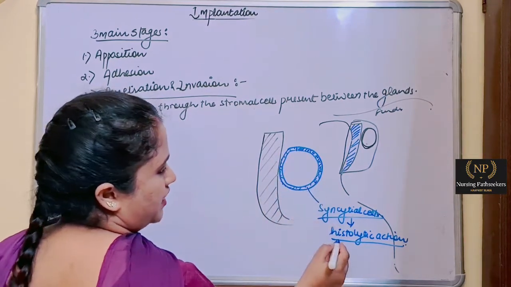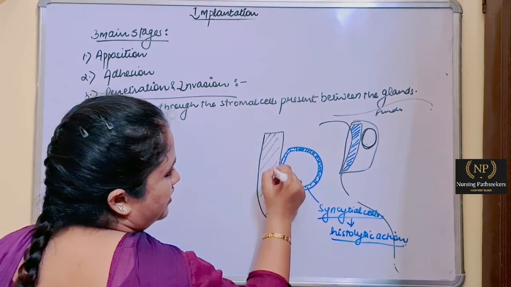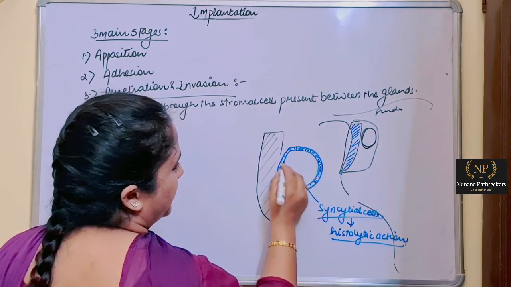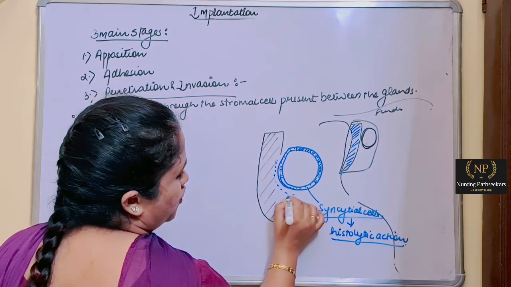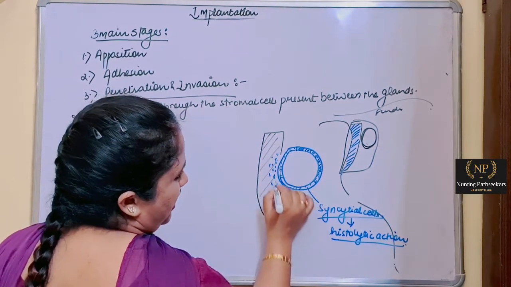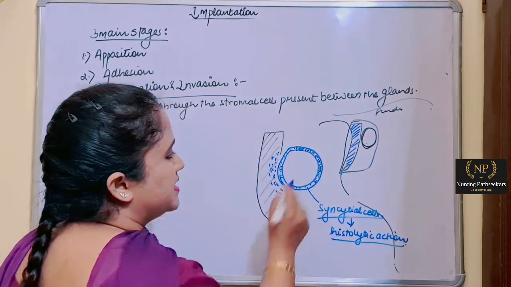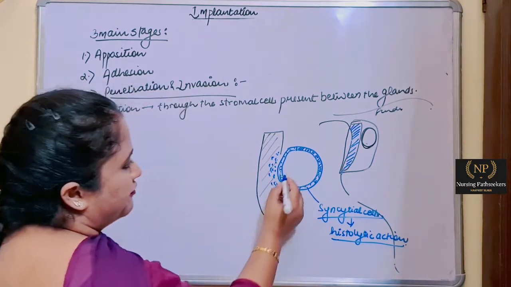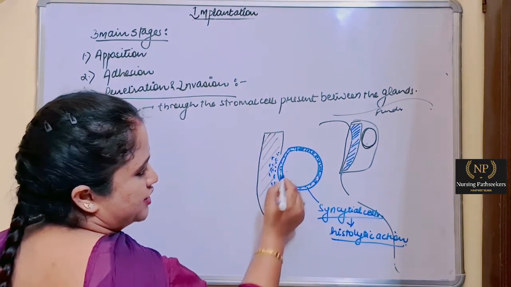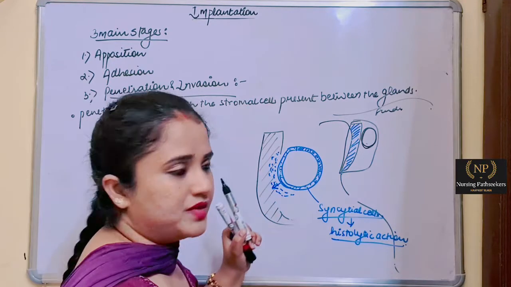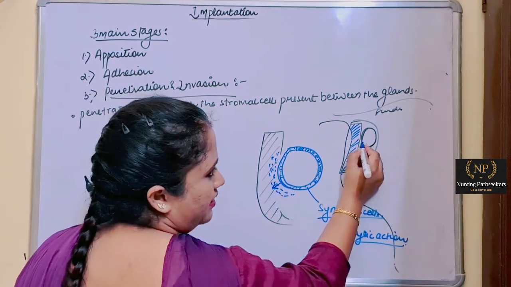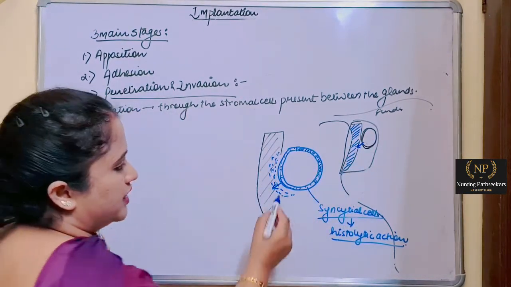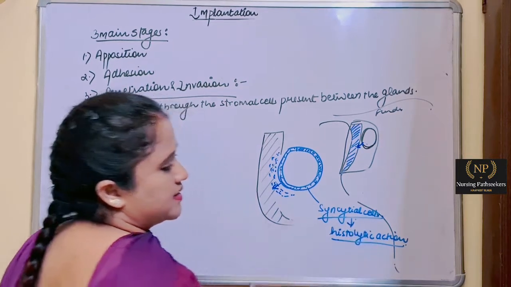These cells start the breakdown of the stromal cells present in the endometrium. These stromal cells undergo lysis, and further penetration of the blastocyst occurs inside the endometrium.